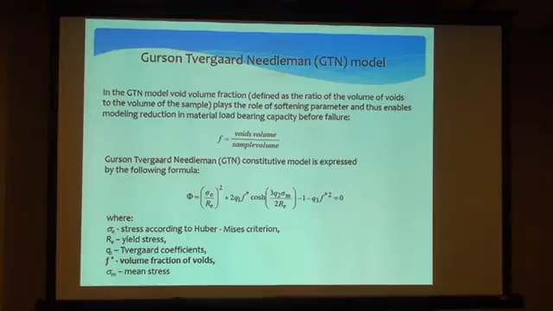The GTN model is described by the following equation. Here we can see many parameters, but I would like to draw your attention to the volume fraction of voids, which is some kind of novelty in this model. It's worth noting that if we neglect the volume fraction of voids, the GTN criterion reduces to the classical Huber-Mises solution.